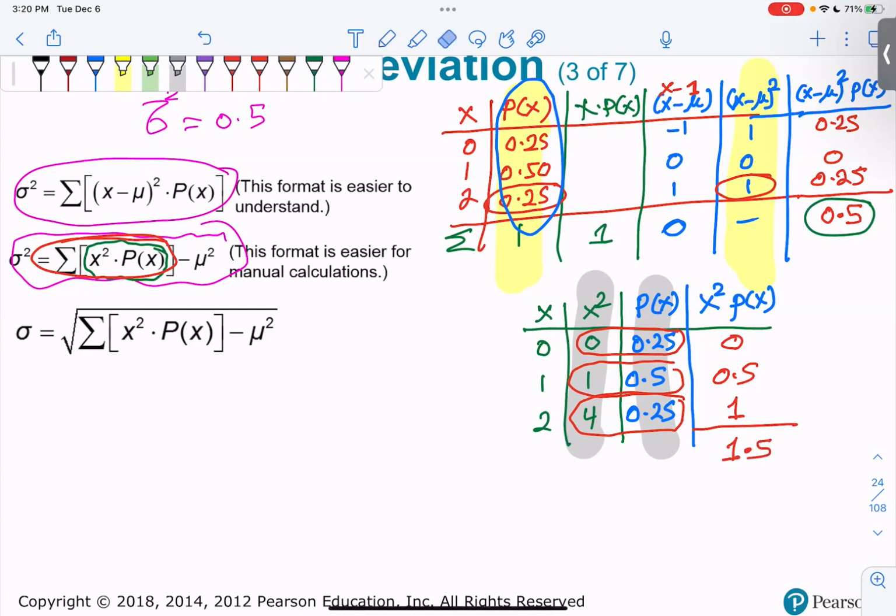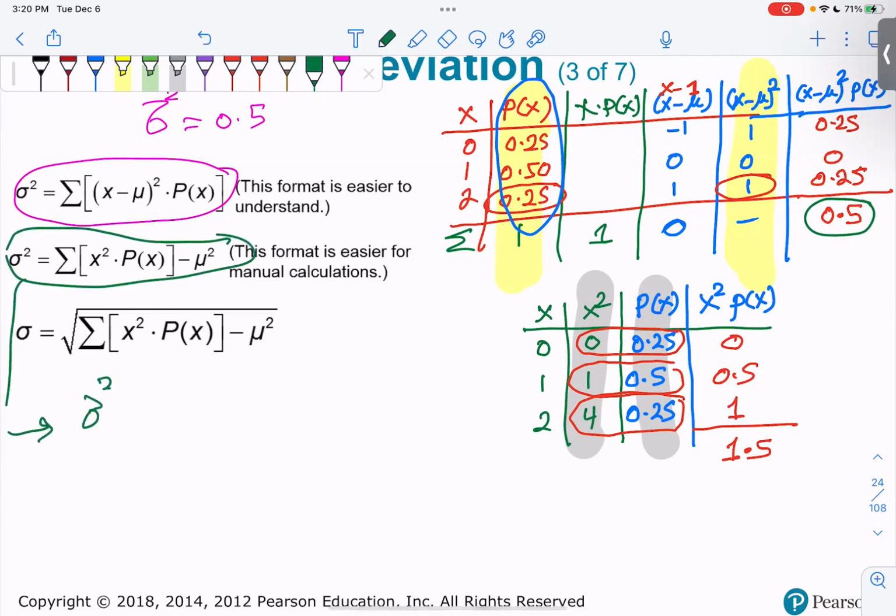So now let's take this formula. So sigma squared equals the summation, which is this value, right? It will be 1.5 minus mu, which equals what? 1.